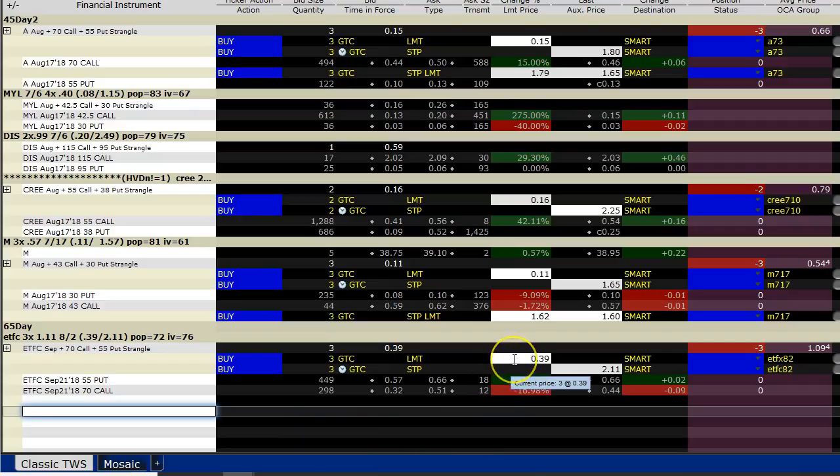See, I'm buying it back. I sold it at 111, minus the commissions is about 110 roughly. Buying it back at 39 cents. If it goes against me to 211, I'm going to get out of it.